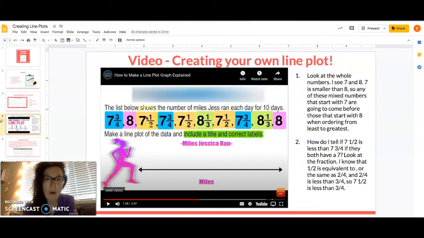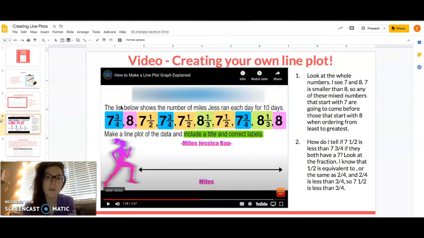I know that 1/2 here is equivalent to, or the same as, 2/4, right? So I could think of this as 7 2/4, and then I know that 2/4 is less than 3/4. So 7 1/2 or 7 2/4 is less than 7 3/4.